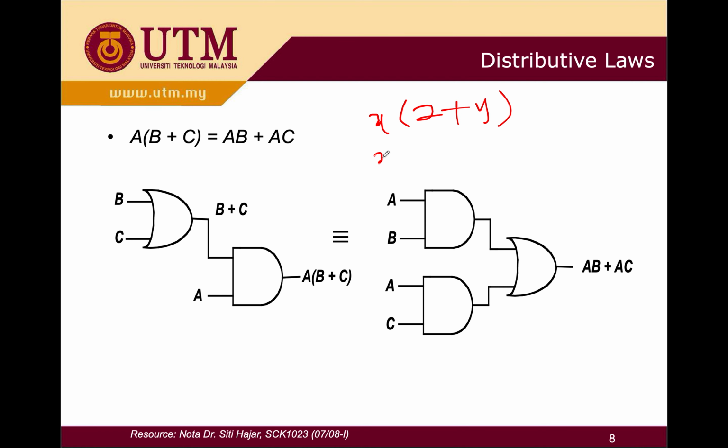So you will get 2x plus xy. So this is mathematics, which is you multiply and then you add and then you multiply this one, isn't it? Similar to the example here. I just want you to understand what happened here. If you don't have the basic knowledge of mathematics, it's quite hard for you to understand, but it's just a simple thing.